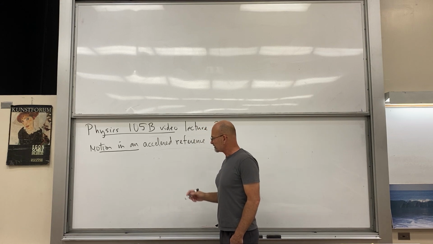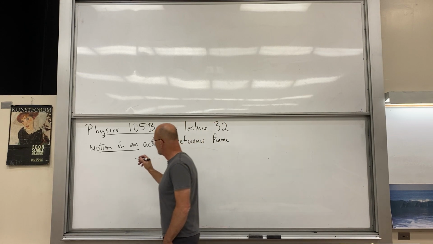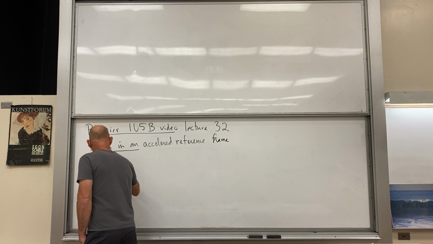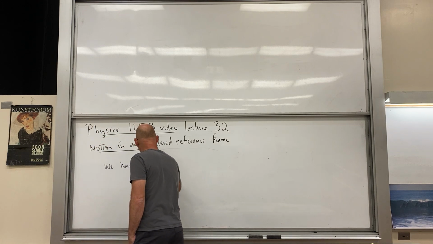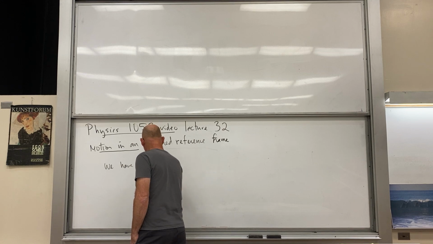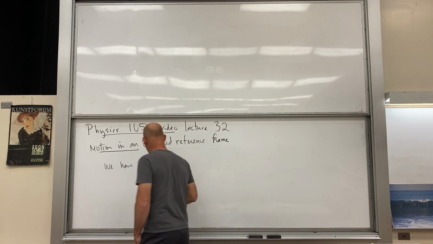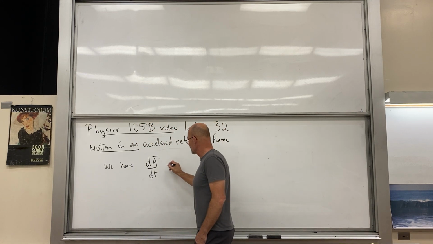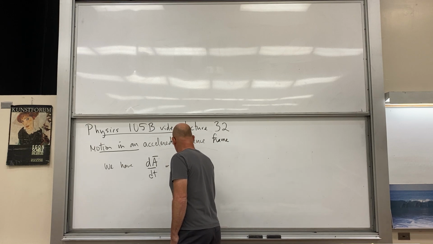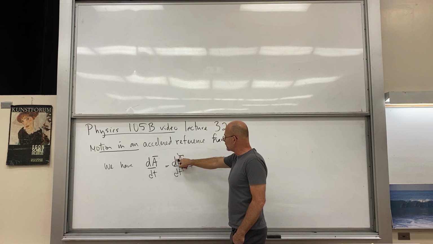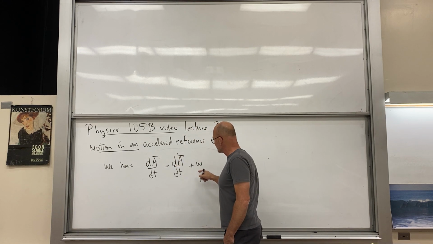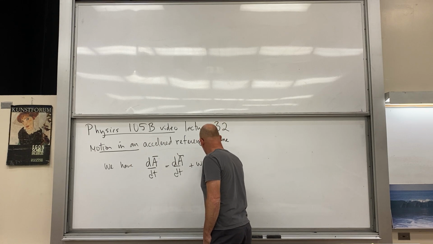I'm going to make use of two things. We already have this relation for vectors when there's rotation: D A equals D prime A plus omega cross A, where the prime refers to the derivative in that reference frame. So we've used this before.